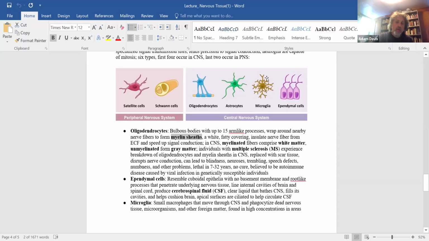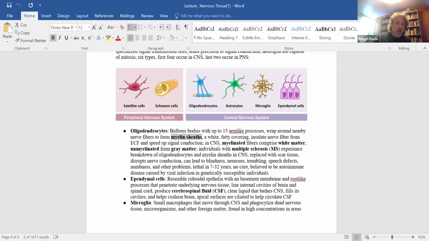Then we have microglia. Microglia, despite their name, are quite large cells. Microglia are actually a type of macrophage. And if you don't remember that term, macrophages are some of the immune cells of the body. Macrophages are basically the vacuum cleaners of the body. They gobble up anything we don't want there. They destroy microorganisms.